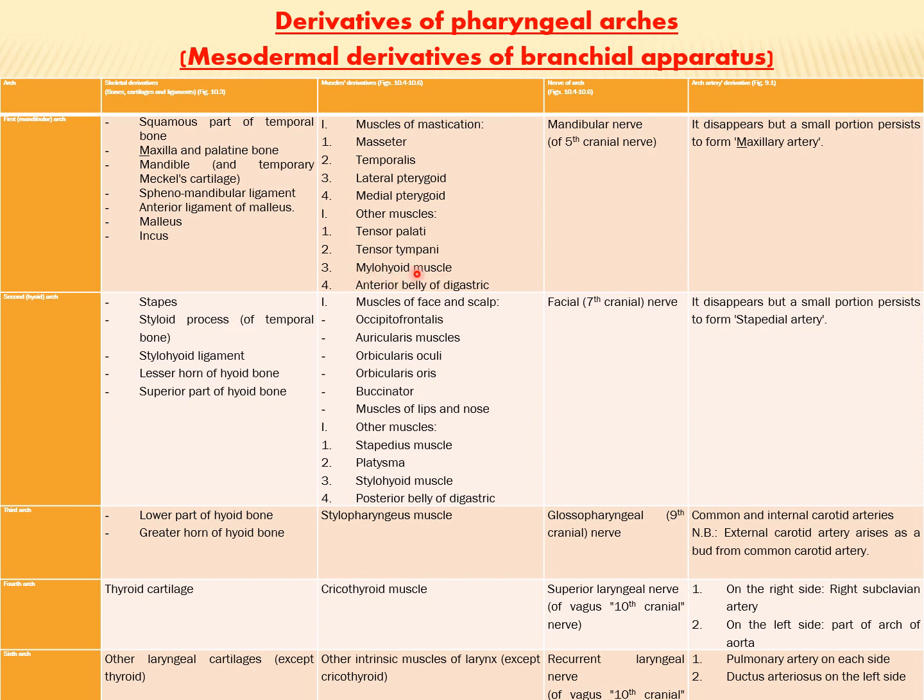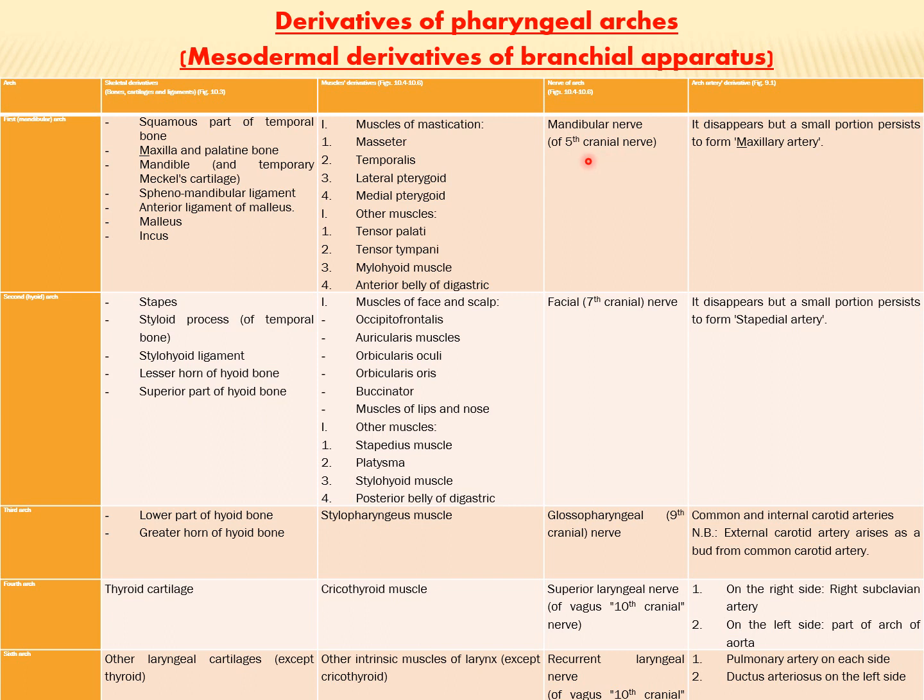Mylohyoid muscle, as you know, forms the diaphragm of the mouth, or the floor of the mouth, and is associated with the anterior belly of digastric. These are the muscles derived from the first pharyngeal arch, and also supplied by the mandibular nerve. So the nerve of the first pharyngeal arch is the mandibular nerve of the fifth cranial nerve, the trigeminal nerve.